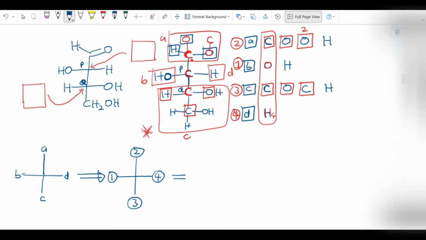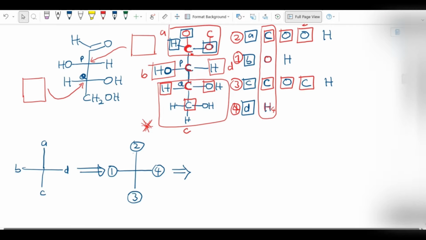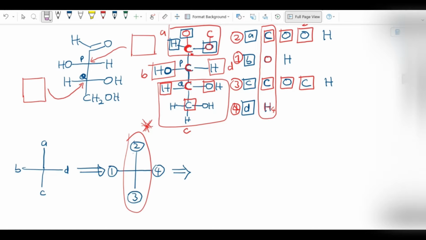Let's convert this to actual Fischer projection. In Fischer projection, the horizontal bonds are generally regarded as wedge bonds, and vertical bonds are considered dash bonds. So I'll redraw this based on the wedge and dash.